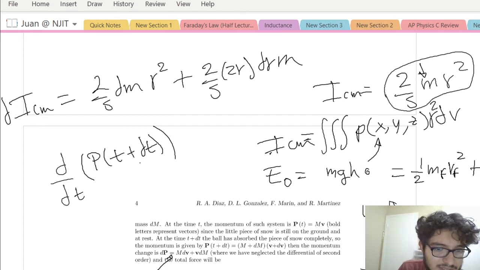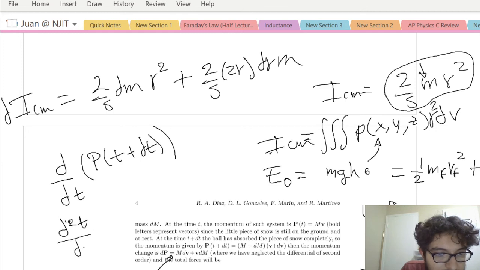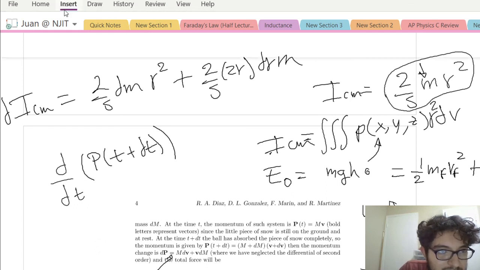So there will be d squared over dt squared, correct? That would be the second derivative. Well, no, that actually cancels, so that would just be the derivative divided by the derivative of t.